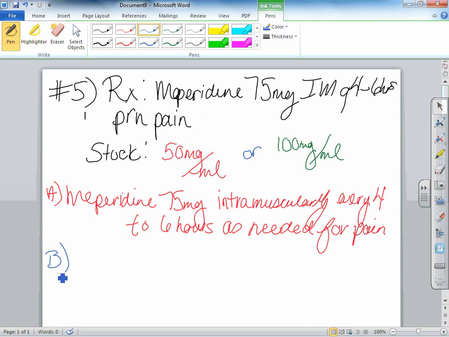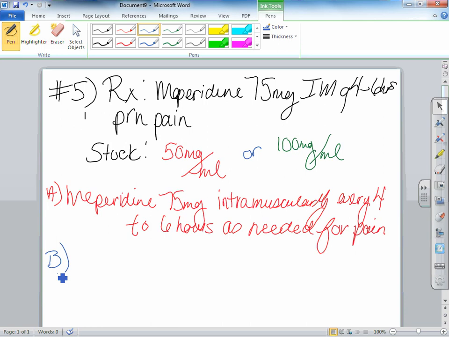Well, which one will you use? Inside each box, it has 25 ampules that contain 1 milliliter. And keep in mind that these are single dose ampules. So when you open up one, you have to use it and throw it away. So that's also another thing you have to think about.